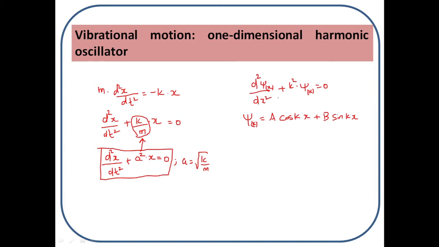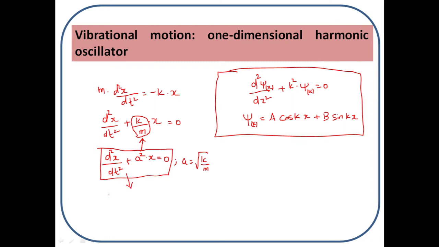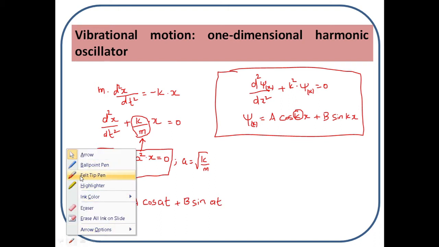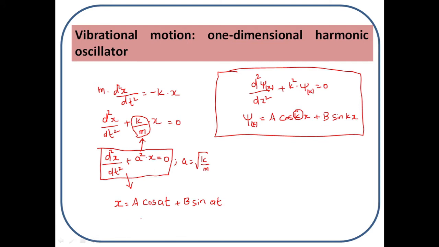In the same way, we can write the solution of this differential equation as x is equal to, say, a coefficient a into cos at plus b sin at. Here a is given by root of k by m.